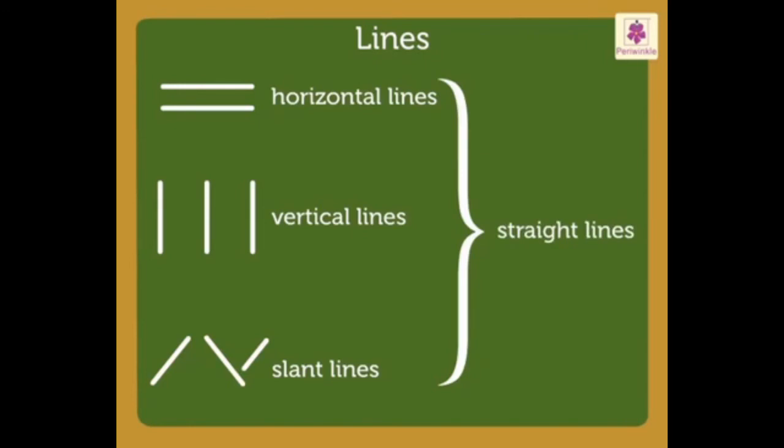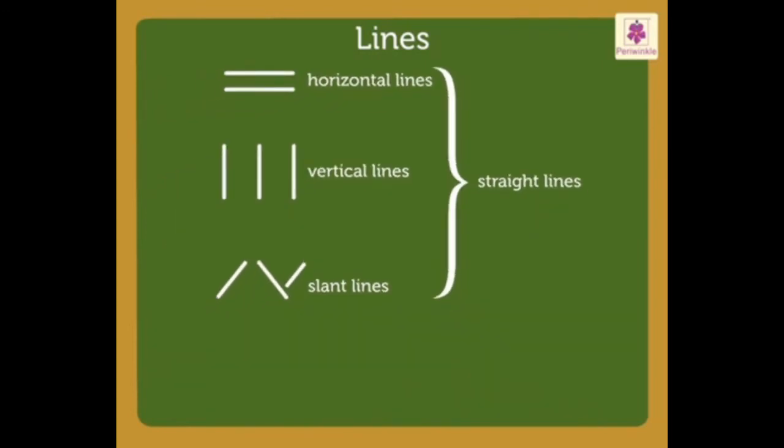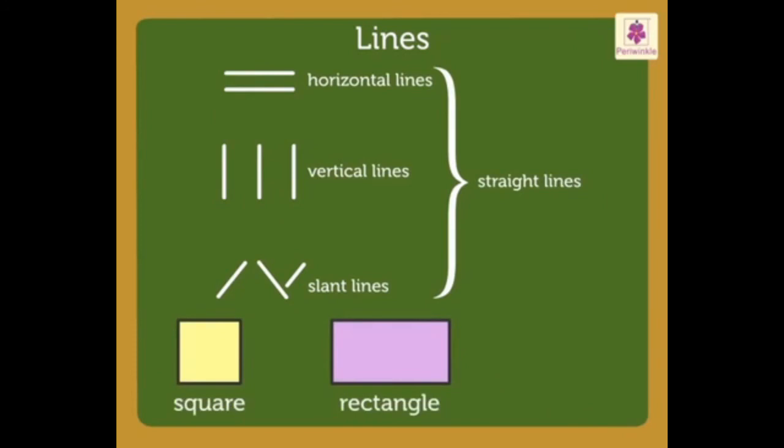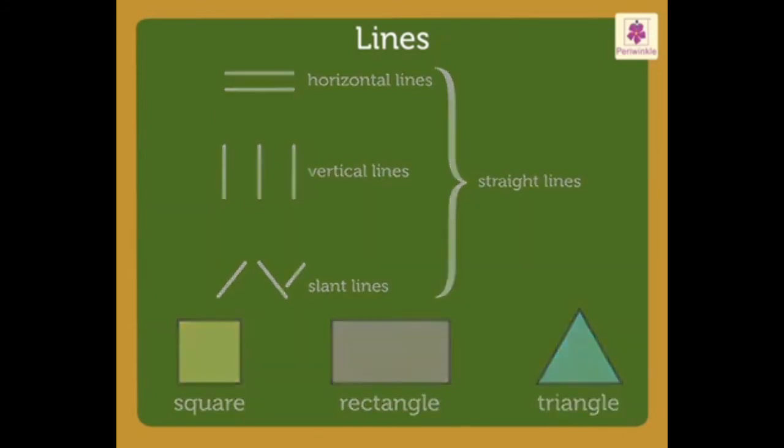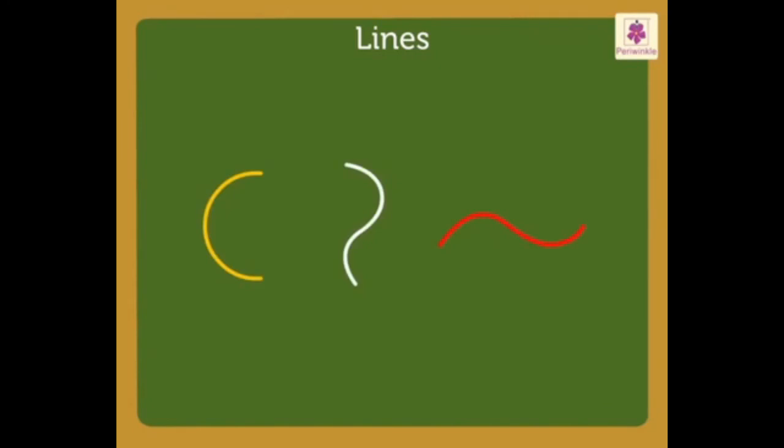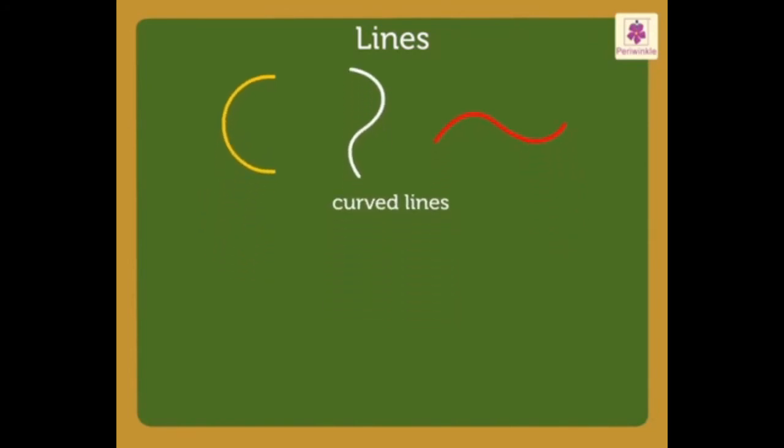We use them to create various shapes such as a square, a rectangle and a triangle. Now look at these lines. These are curved lines. We use curved lines to draw shapes like a circle and an oval.